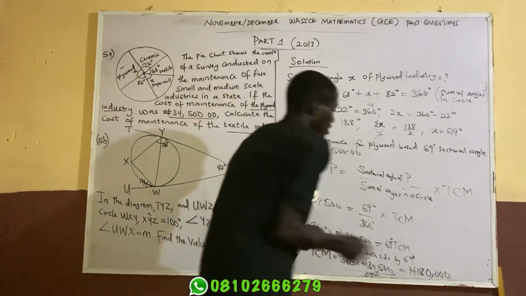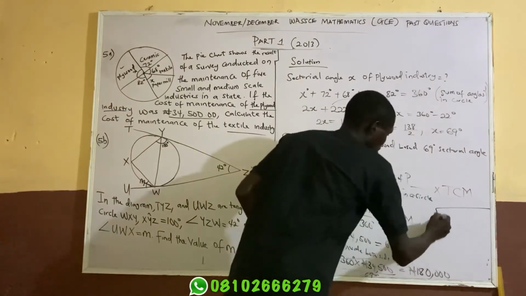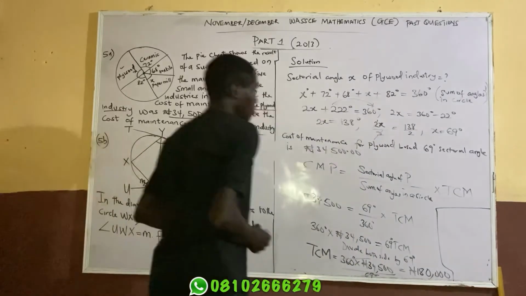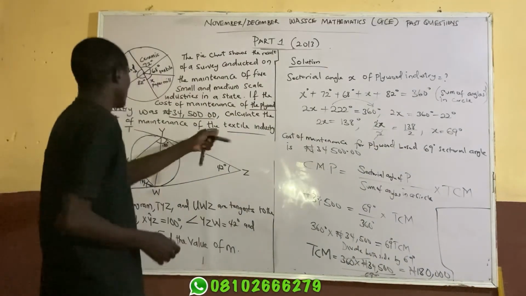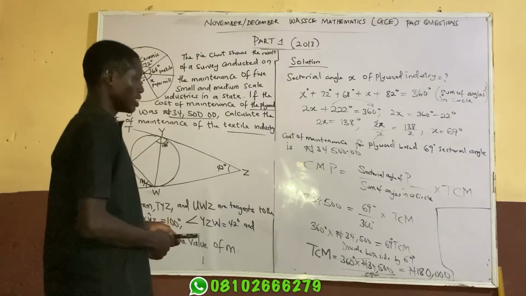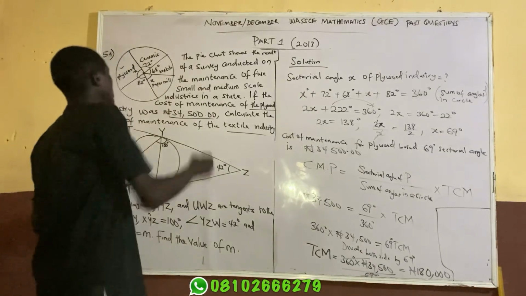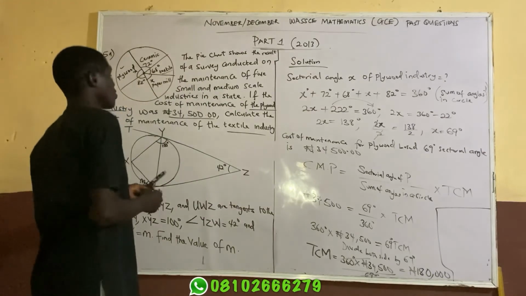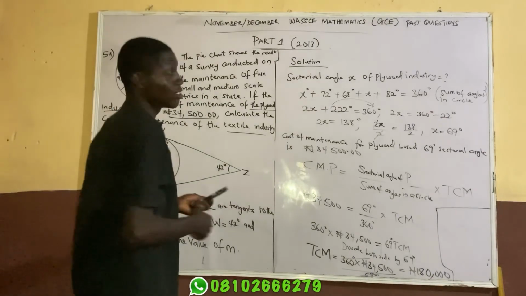Now the question is to calculate the cost of maintenance for the textile industry. Now, look at the textile industry here: it has 8 degrees as the sectorial angle.